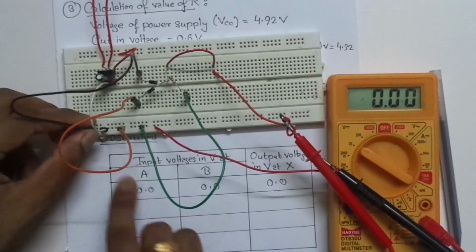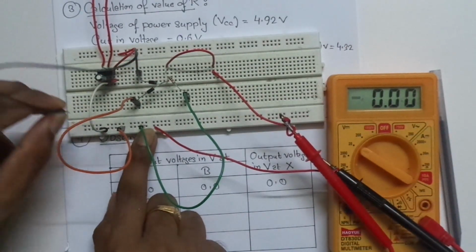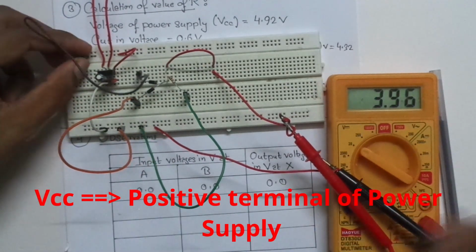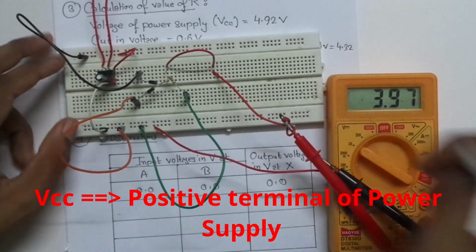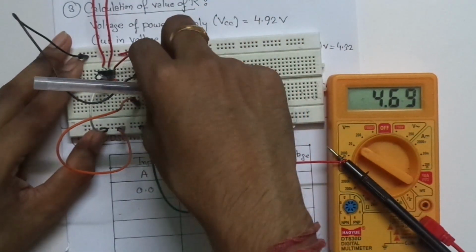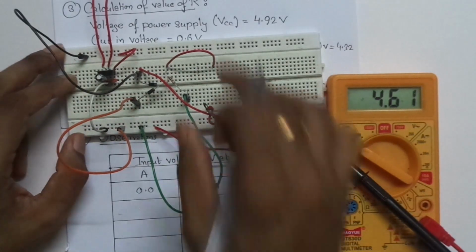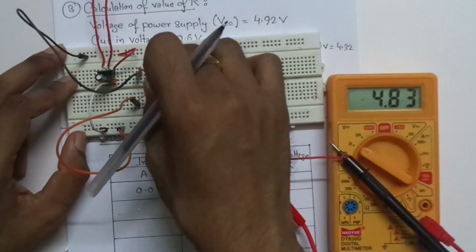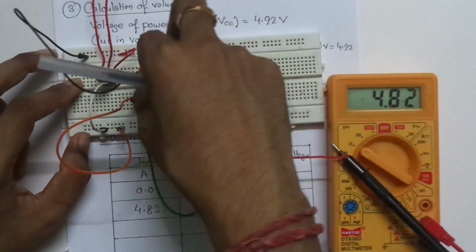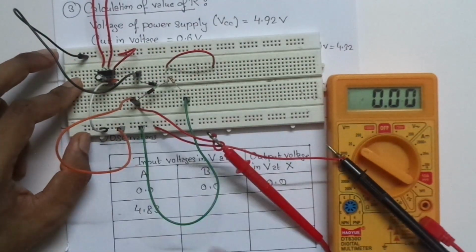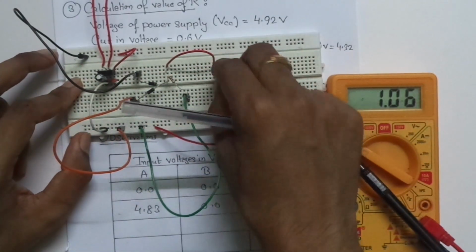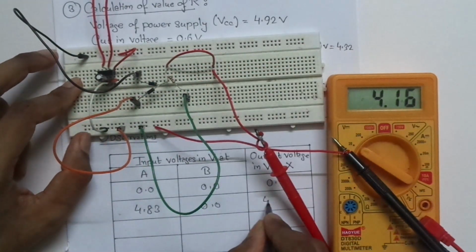Now, if we put the A terminal to the VCC, then the input voltage at the A terminal is 4.83, the input voltage at the B terminal is 0 and the output voltage is 4.16.